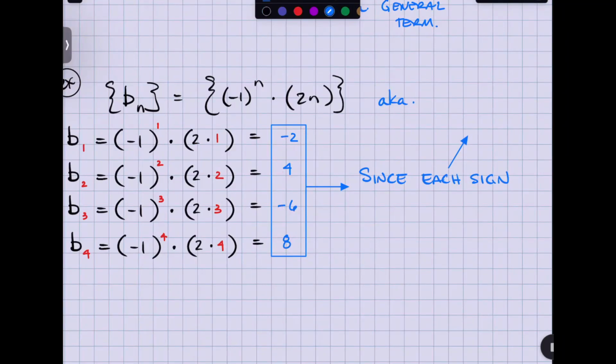It changes between positive and negative. In other words, they're alternating, right? Yes. So we call this an alternating sequence.